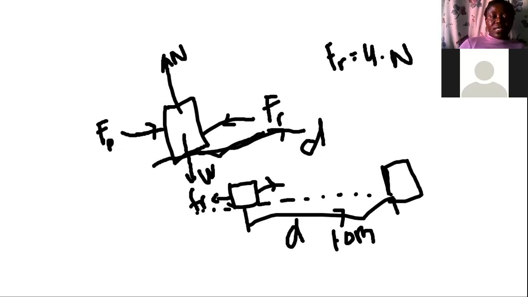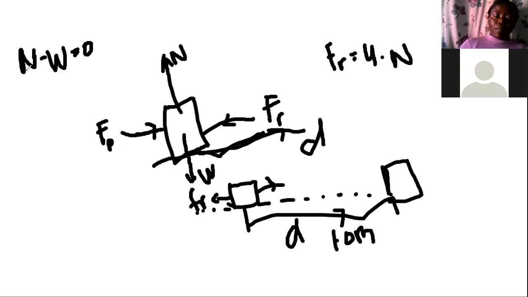The normal force here, if we sum up the forces acting in the y component, is the normal force minus the weight, which is equal to 0, because there is no acceleration. It's not moving in the y component, it's only moving in the horizontal component.